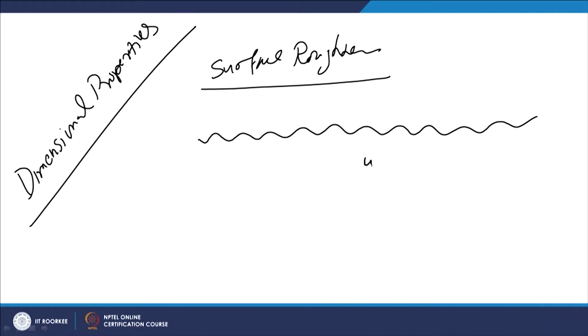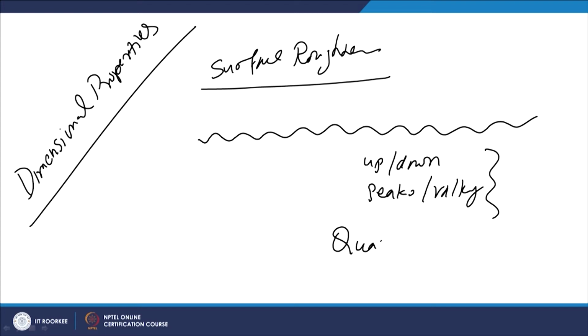We know the surface roughness indicates the kind of ups and downs, peaks and valleys present at the surface. Such ups and downs indicate the kind of irregularities present at the surface, and to quantify this, one of the most commonly used parameters is called Ra, which is the center line average value of these peaks and valleys.